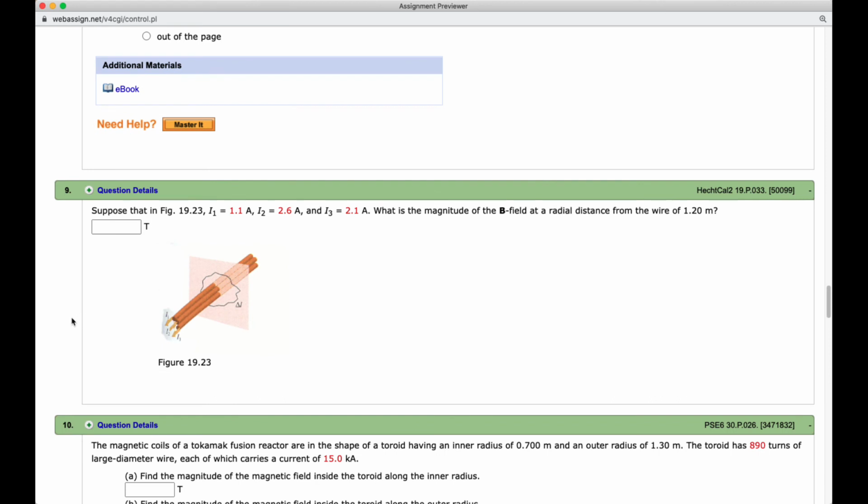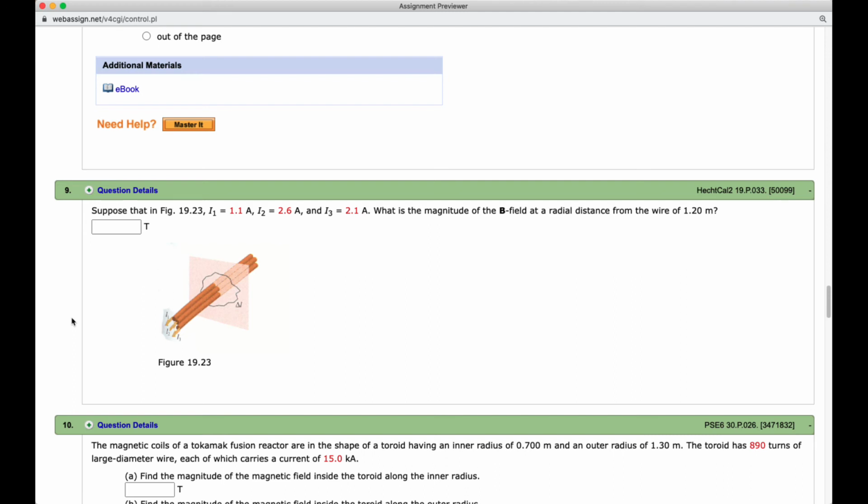I did find, between classes, I was looking for a video on Ampere's law. I found a great description of the application of Ampere's law to a solenoid online, and so I'm going to give you that link. Typically, in a textbook and when we lecture, we don't really give a full treatment of the solenoid using Ampere's law, but this person does, so I'm going to send you the link to that one.